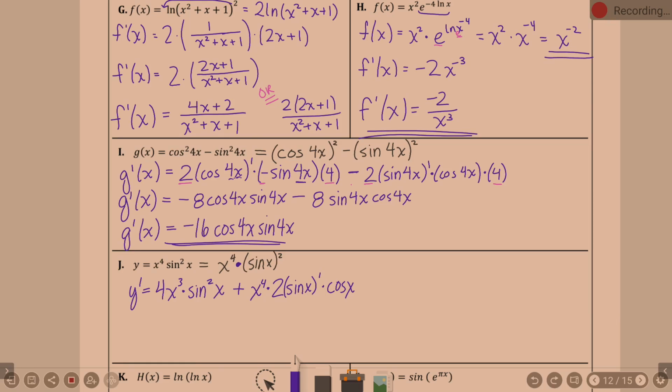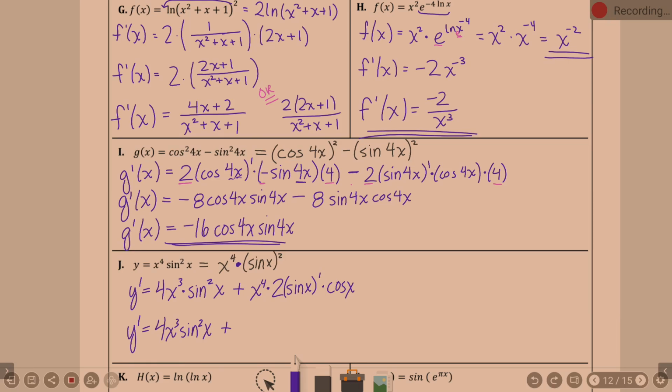Okay? Be careful. The mistake keeps happening. Don't take the derivative of the inside till you finish the derivative of the outside. Let's see, there's not a whole lot of cleanup you can really do here. That first term, 4x cubed sine squared x, is pretty solid the way it is.